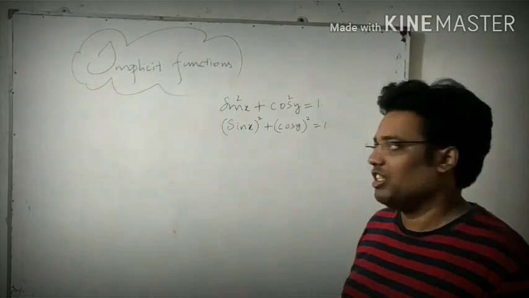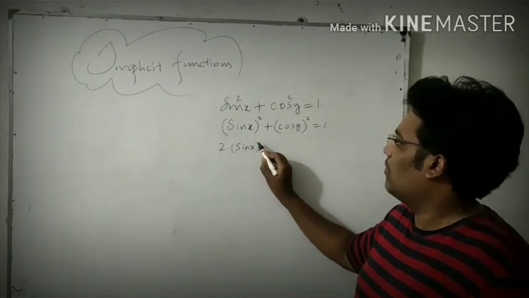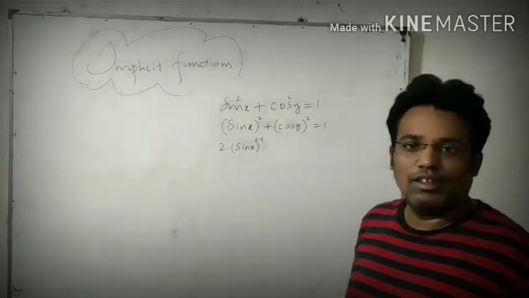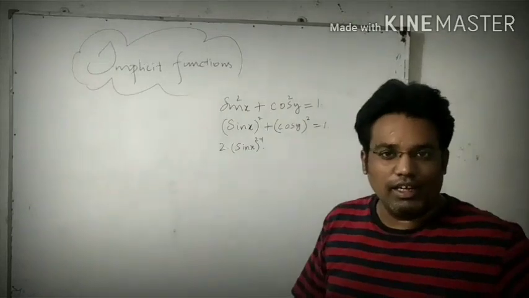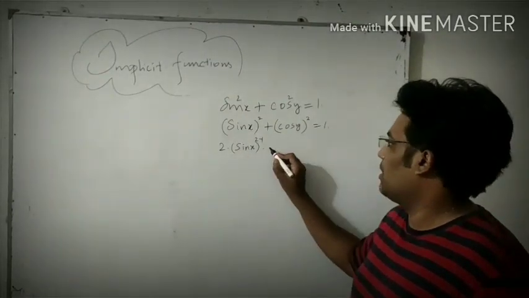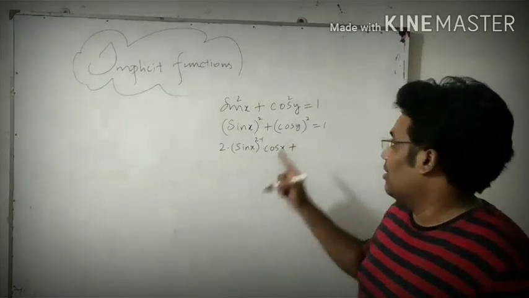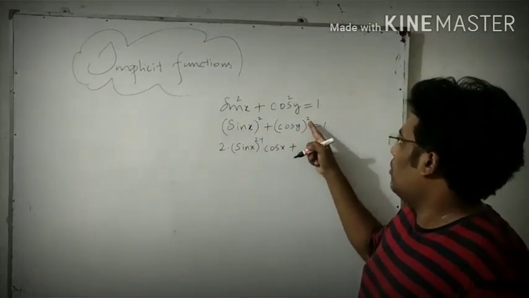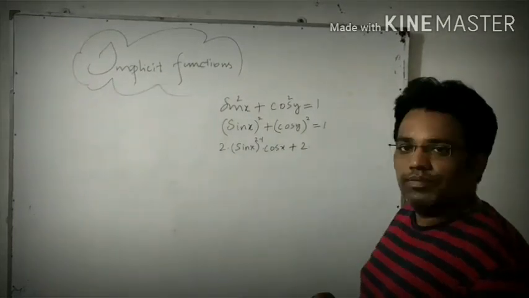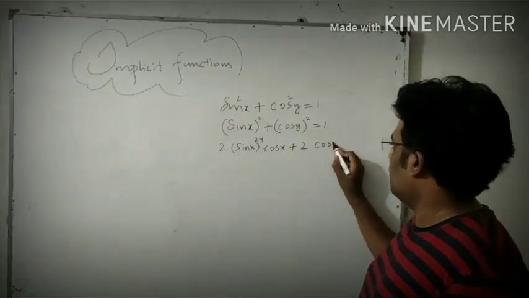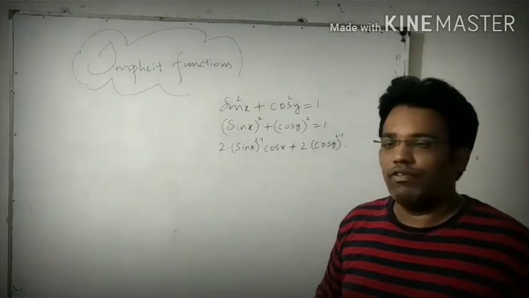How do you differentiate this? 2 into (sin x) to the power of 2 minus 1. Right, the constant, reduce the power of the variable by 1, then differentiate the variable. Differentiation of sin x is cos x, plus the same thing for (cos y) whole square: 2 into, reduce the power of the variable by 1, 2 minus 1, into differentiate cos y.